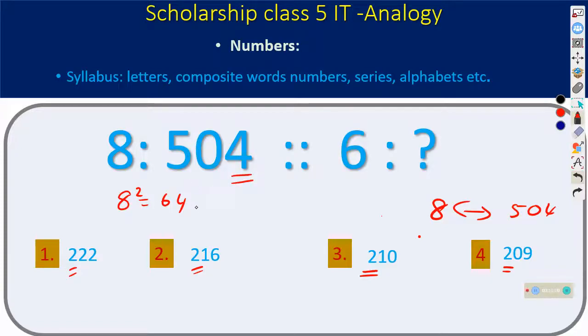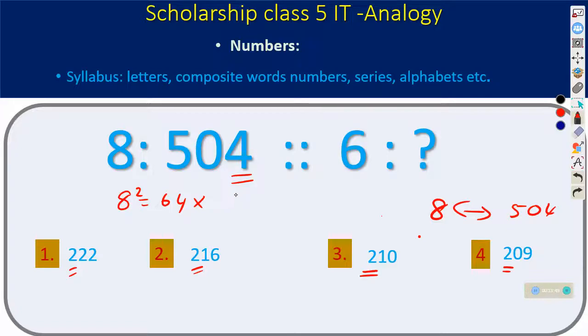And the number should be 8 square, which is 64. Okay, I'm getting some clue here. If 64 is multiplied with 3, nothing happens. It's not like that. 504 is 5 plus 4, 9.